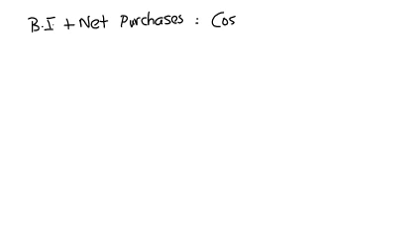So continuing with the equation, beginning inventory plus net purchases equals the cost of goods available for sale.